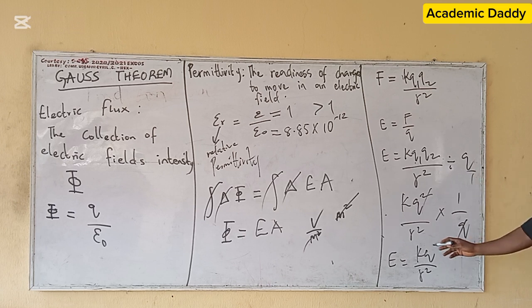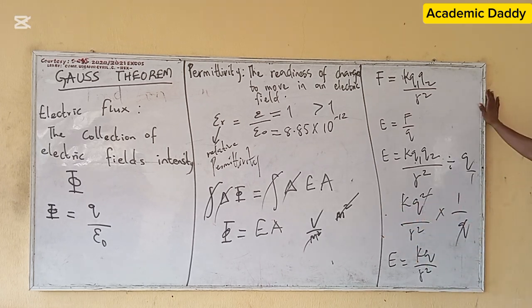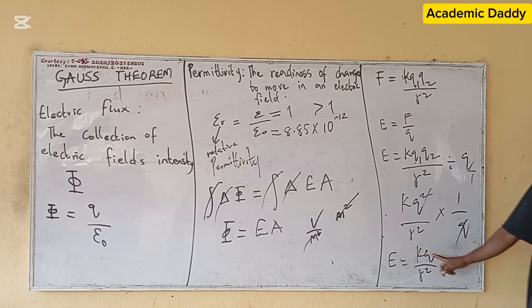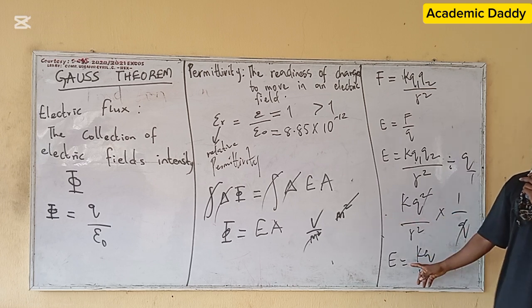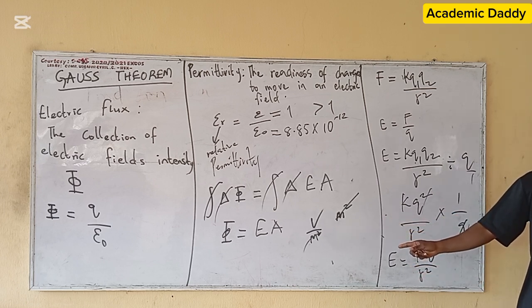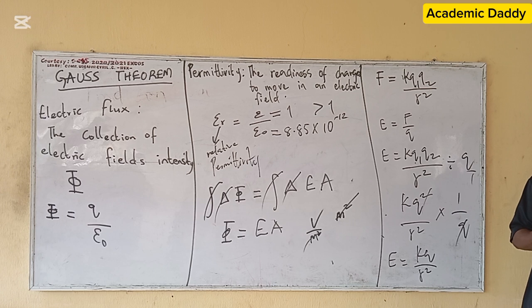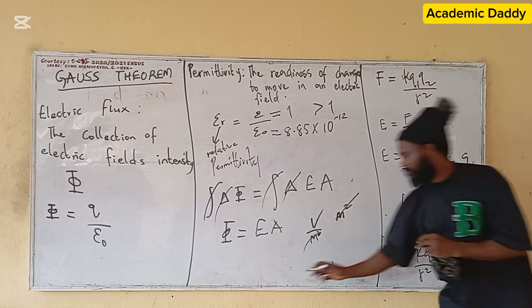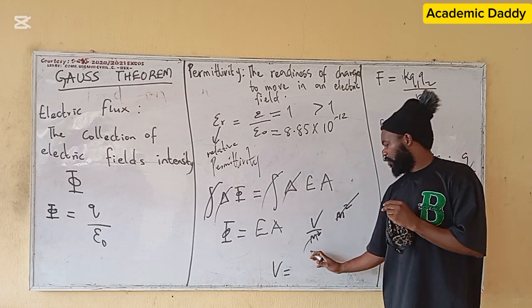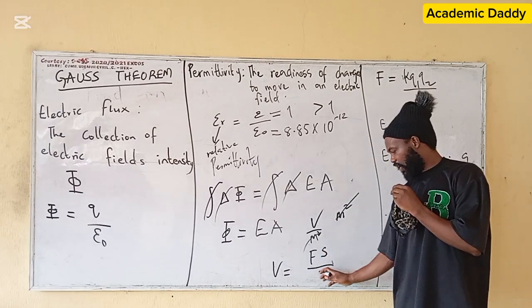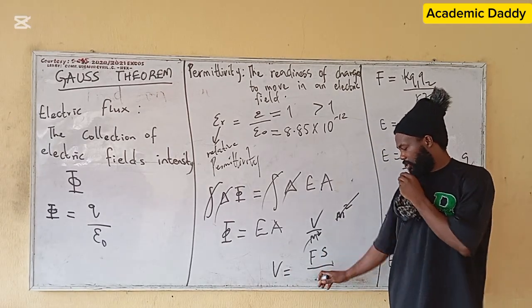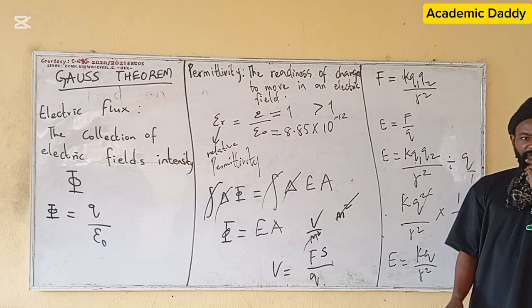Wait. Okay, but let's check something. If I know that E is KQ over R squared, there's a relationship between volts and this. We know that voltage, that is V, potential difference, is simply work done all over charge.